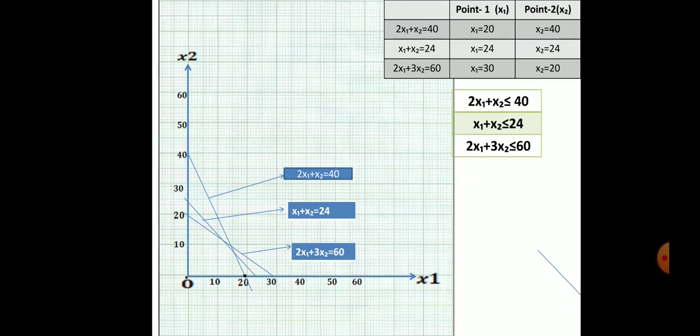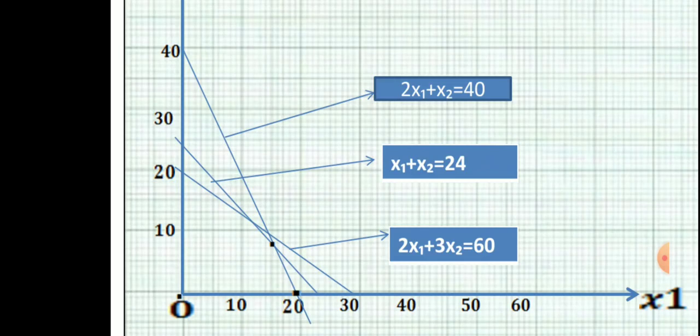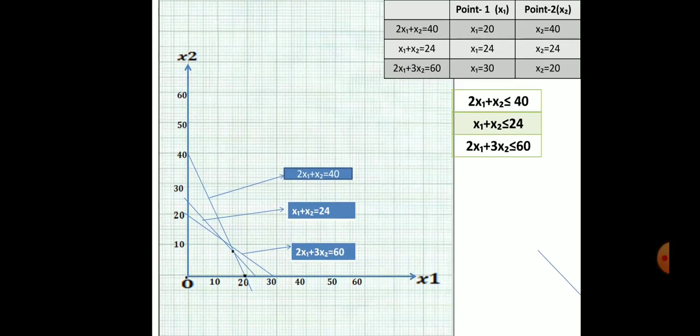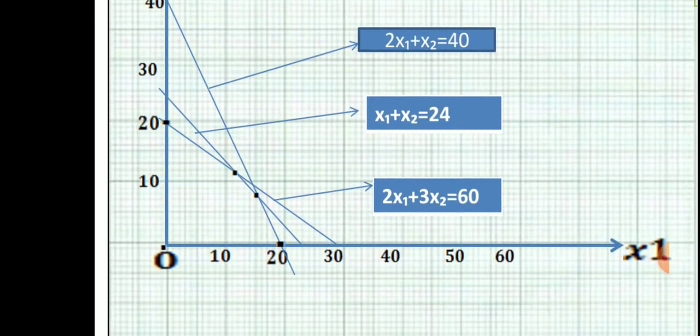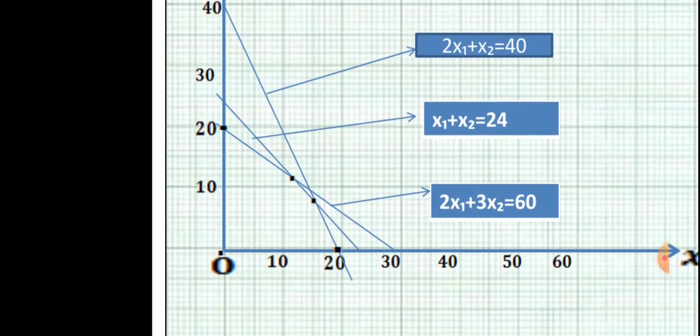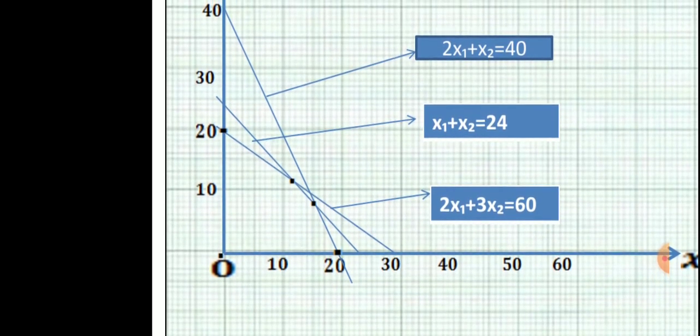Next is where the lines are actually meeting; those are the least points. So the next point is here, and the next point is here. You can see 0, 20 and some two points here, and the next point is at 20.